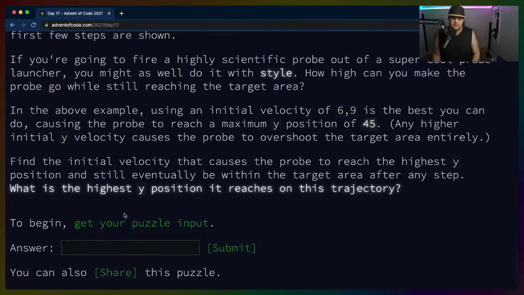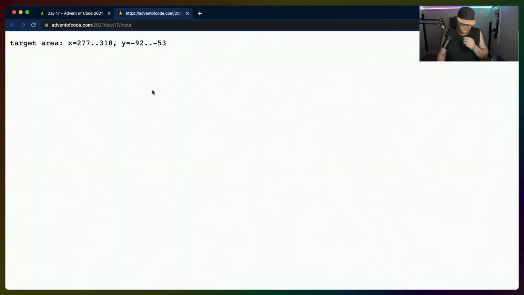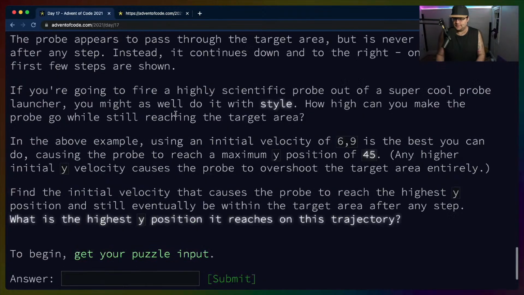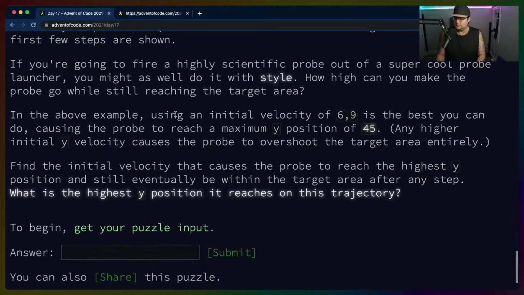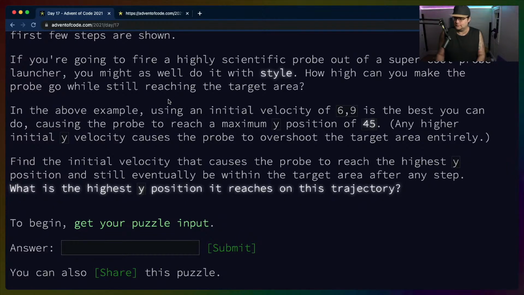Because our input isn't bounded, right? We just get a target area. And I guess we start at 0, 0. We can only step by integers of 1. So it has to fit.